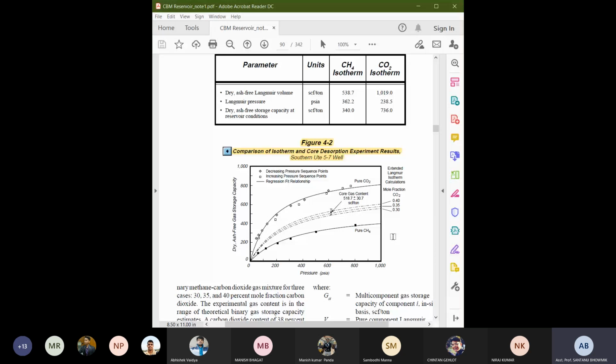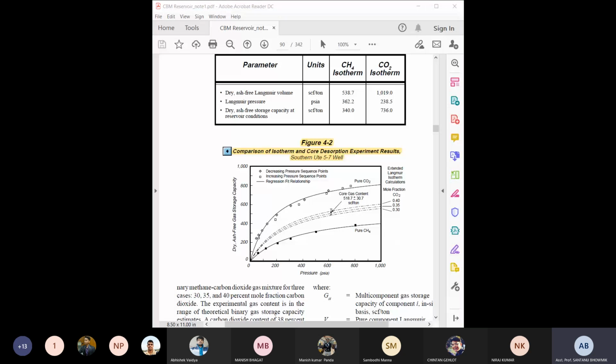That means methane is the lower adsorbed gas, because its capacity is very low, and carbon dioxide is the higher adsorbed gas, because it has very high attraction to the coal. Due to this high attraction of carbon dioxide to coal, the carbon dioxide increases the gas storage capacity, because it is highly adsorbed compared to methane.